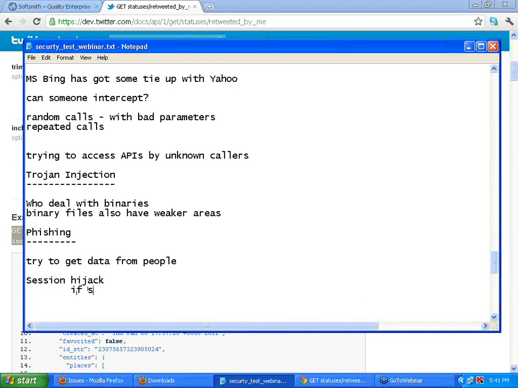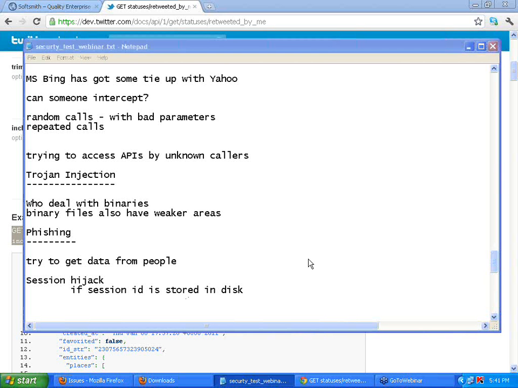By mistake, if the session ID is stored on disk, maybe as part of cookies, obviously there is a chance that someone can hijack your session. And as long as you are logged in, if someone is able to hijack your session ID, they can also simultaneously log in from another machine. So you need to be very careful about that.